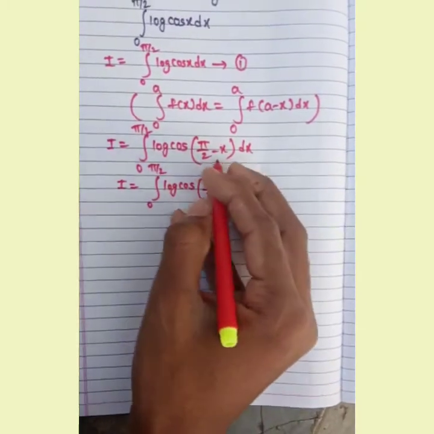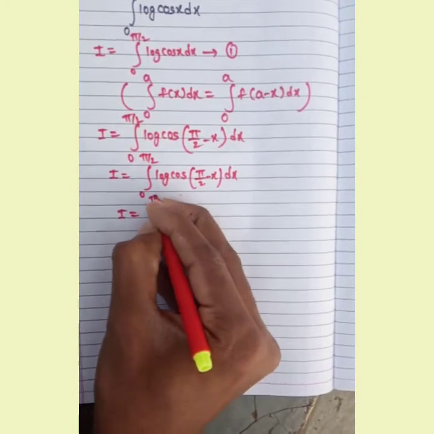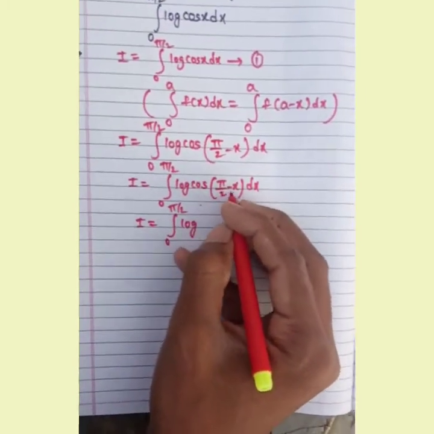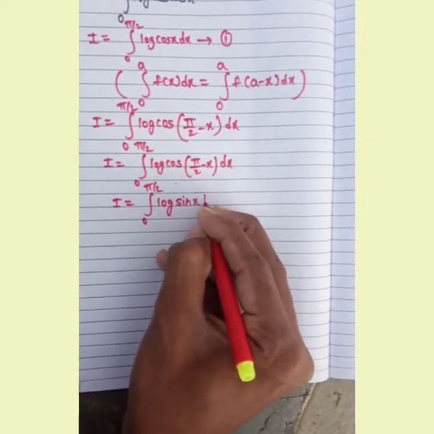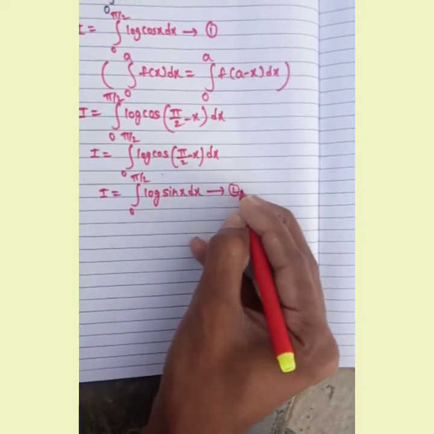We will write this step as it is. I is equals to integration from 0 to pi by 2 log, now here cos of pi by 2 minus x will be sin x into dx, and we will call this equation number 2.